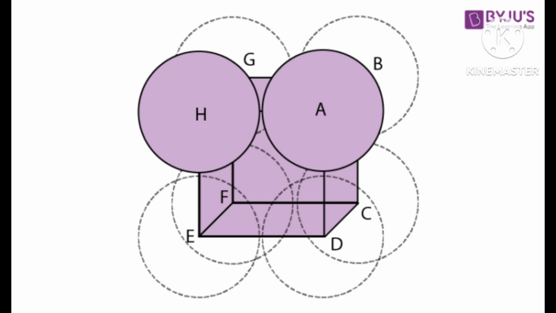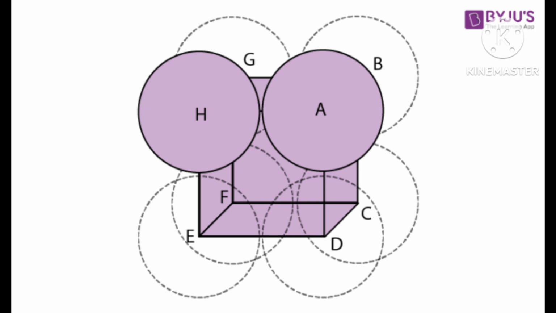Only 2 spheres you are keeping, one corner one sphere, other corner other sphere. Then you will find that both spheres are touching. Correct?